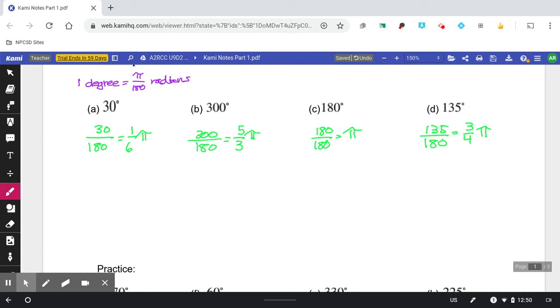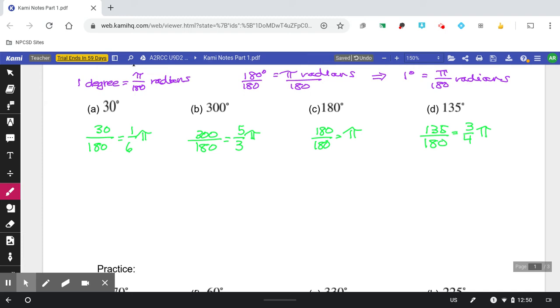Well, we know that 180 degrees is equal to pi radians, or 1 pi radians. So if you divide by 180, you get that 1 degree is equal to pi over 180 radians. Okay, so that's where that conversion comes from.